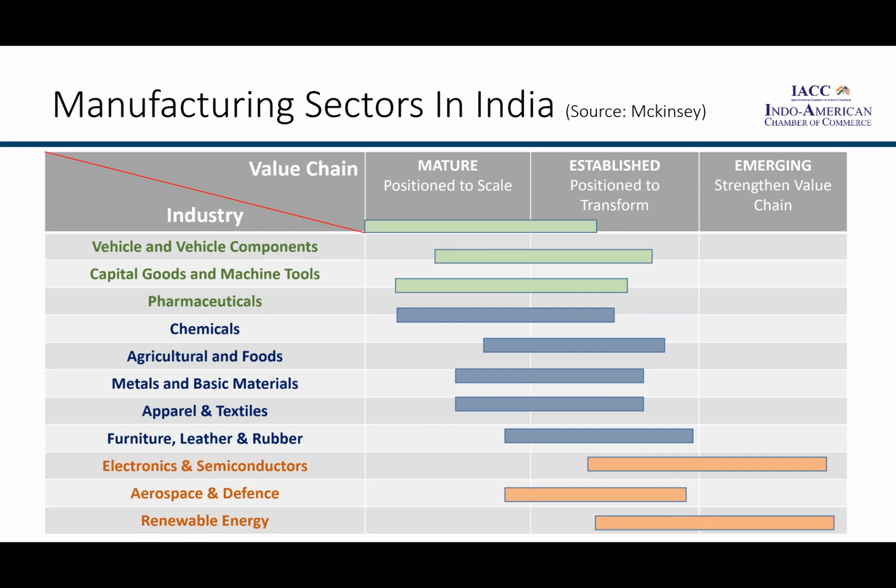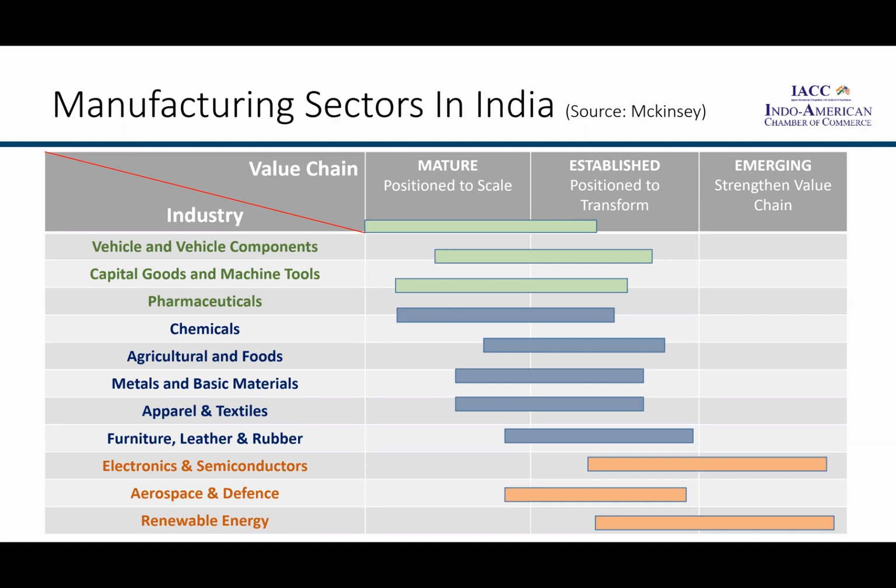And a recent McKinsey report estimates that another 320 billion opportunity is going to be available in gross value add activities. While official numbers are not available, there are close to 100 to 125 American manufacturers in various sectors who are based out of India and carrying out their operations.